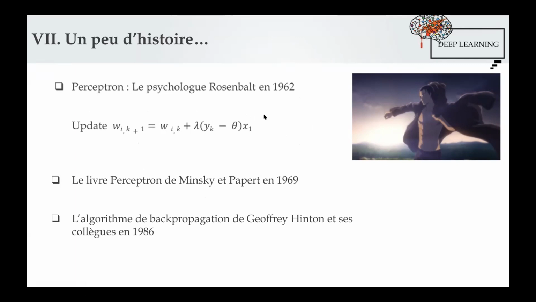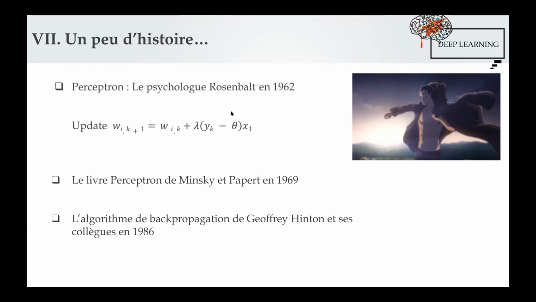Les modèles étaient un peu plus efficaces. Il faisait sa mise à jour beaucoup mieux, mais c'était toujours naïf. Il prenait yk, il enlevait θ, θ étant la valeur désirée.